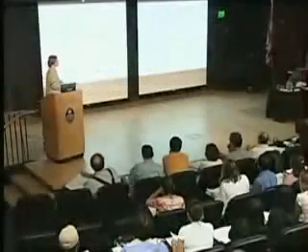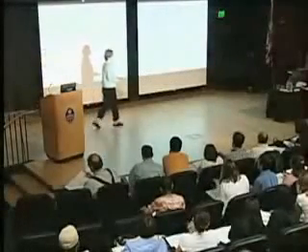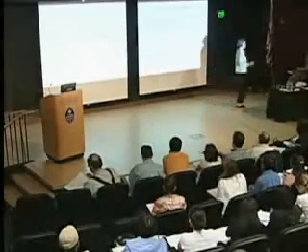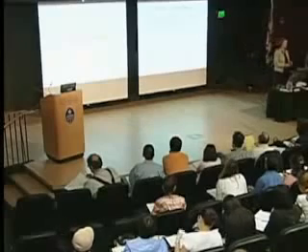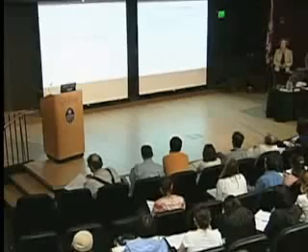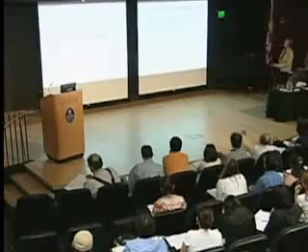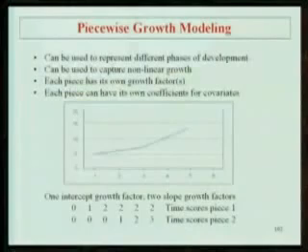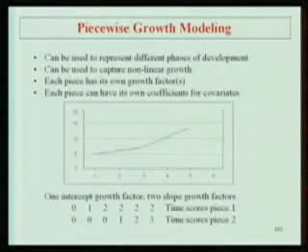Piecewise growth modeling is an interesting way to model nonlinear growth if it will work for you. And there's always those little caveats. If you take a look at the picture, you can see that there seems to be a linear part of the model in times 1, 2, and 3 that has a lower slope than the linear part of the model for times 3, 4, and 5.